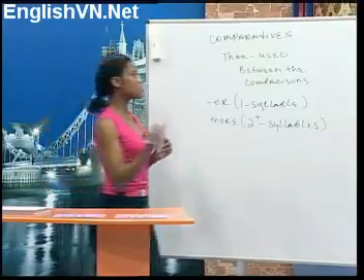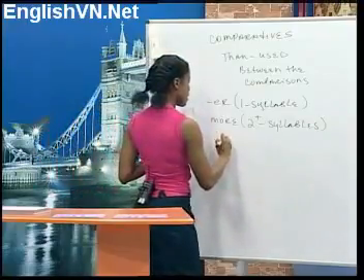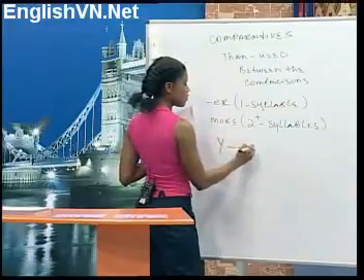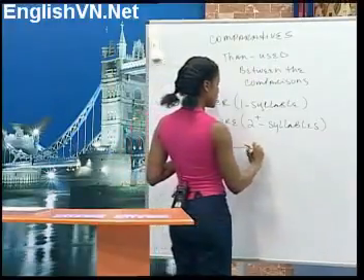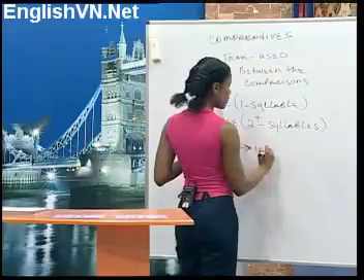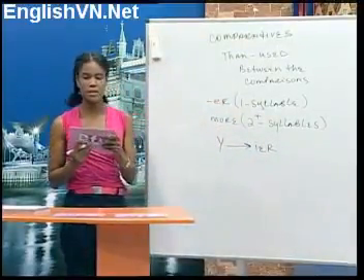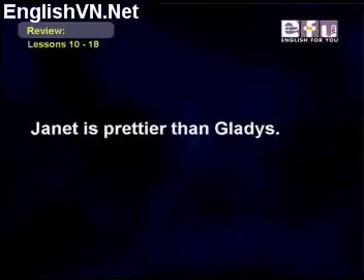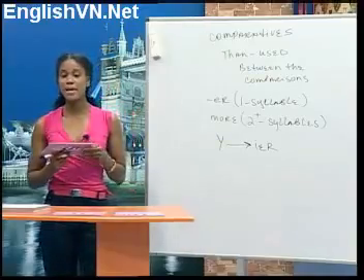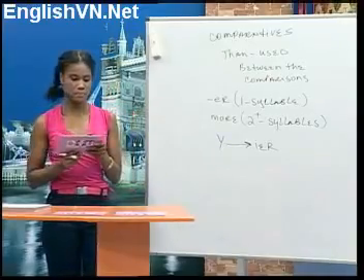Now remember, for adjectives ending in Y, in the comparative form, the Y is changed to an I before we add ER. So it becomes IER. For example, Janet is prettier than Gladys. Now there are some irregular comparative forms.